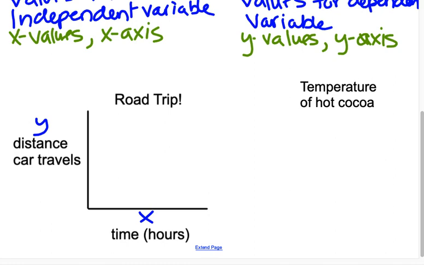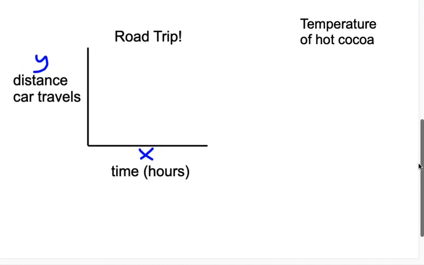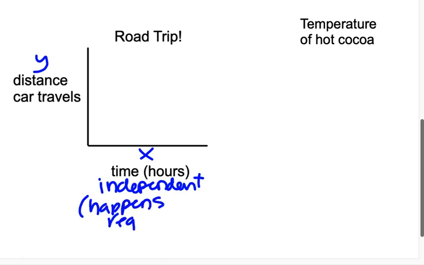The time will march on whether you're driving or not. No matter what you're doing, time ticks by, okay? So time is our independent variable. It happens no matter what. Happens regardless.